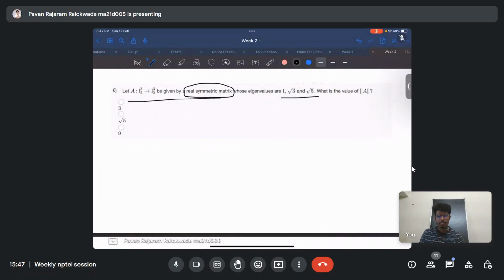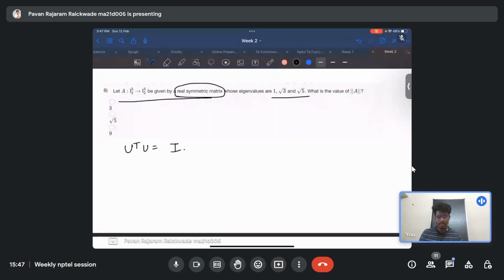The orthogonal matrix we know satisfies U transpose U equals identity, for the real case. If you consider matrices with complex entries, we take the complex conjugate, and in place of transpose you write U star. If this happens, then we say U is a unitary matrix.